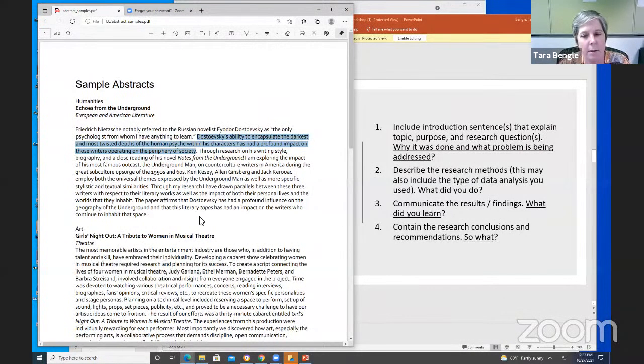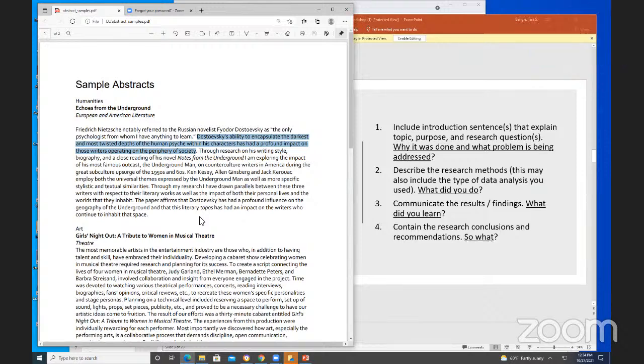And then what about the research methods? That's, what did the author do? Or what did the researcher do? How was he able to establish this, that Dostoevsky had this profound impact?